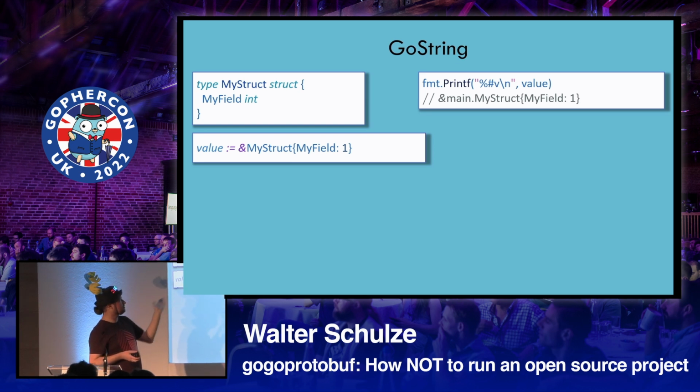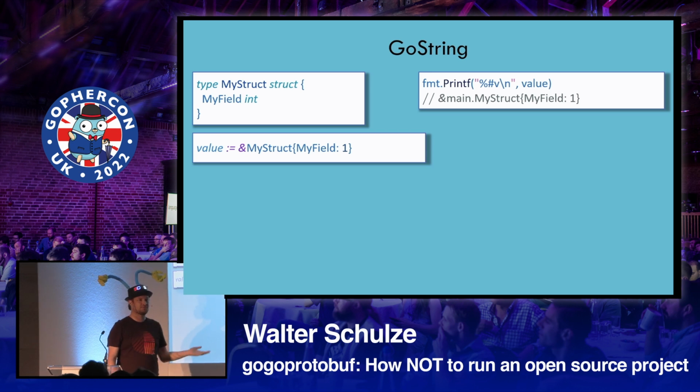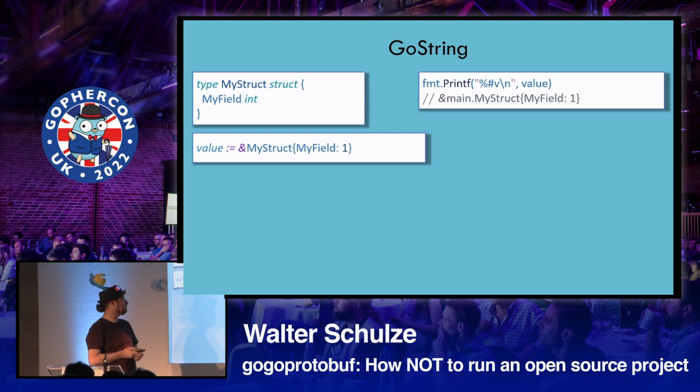And then it prints out exactly the Go code that was used to populate the struct. And this is really handy because now if you have a problem in production, you can just log it with %#v, copy it into a test or a GitHub issue, and it makes things really convenient.